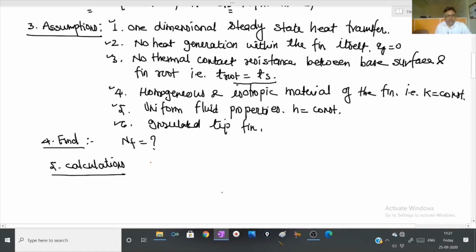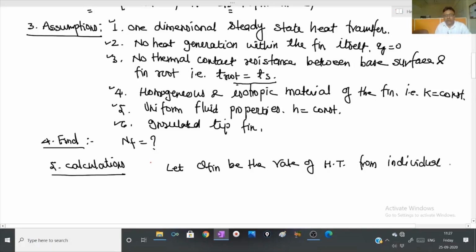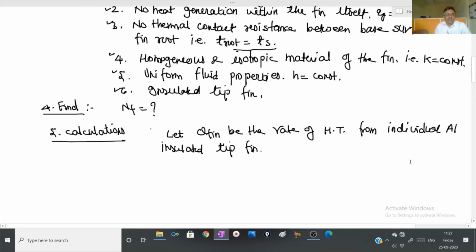So let's say Q fin be the rate of heat transfer from an individual aluminum insulated tip fin, and we are supposed to dissipate total Q amount of heat.